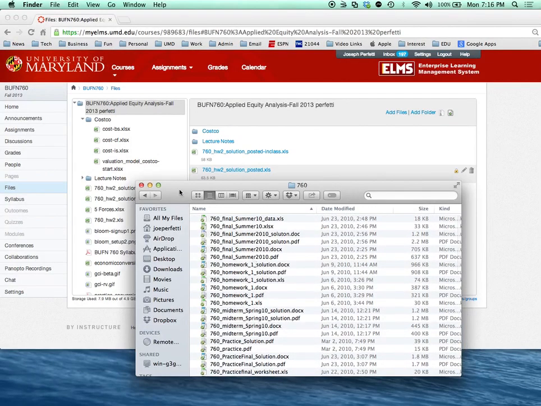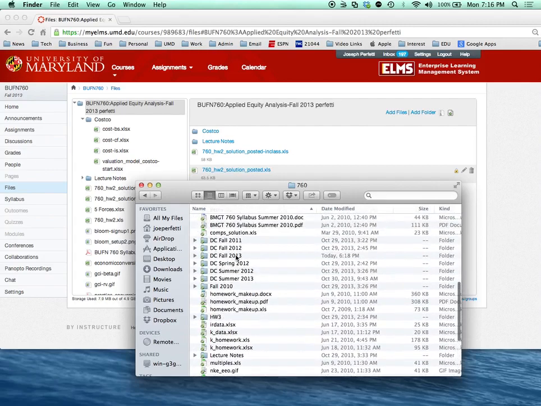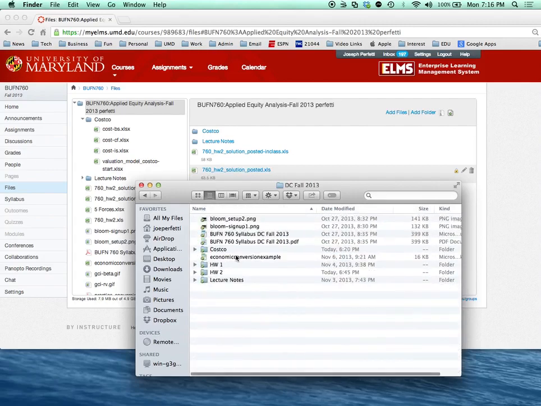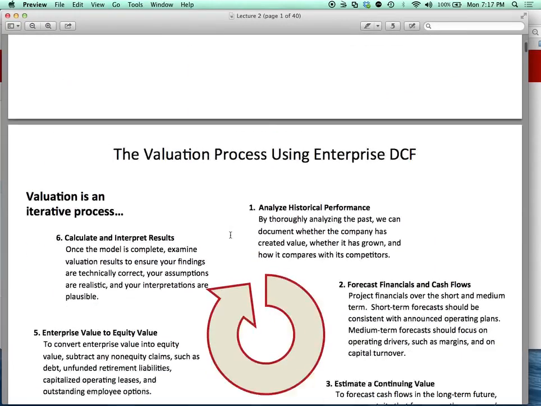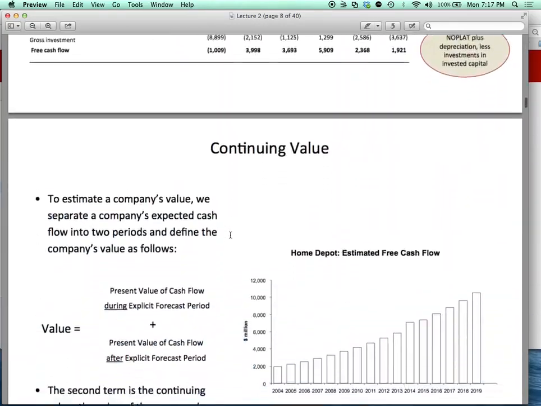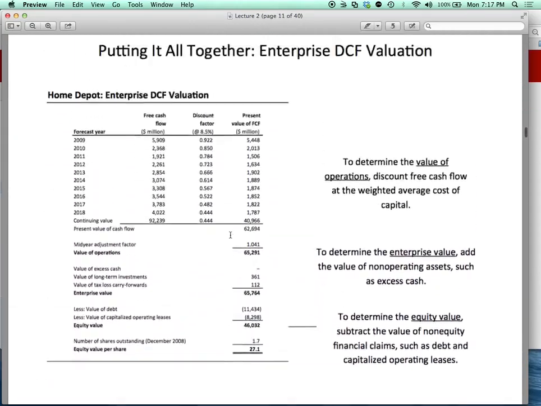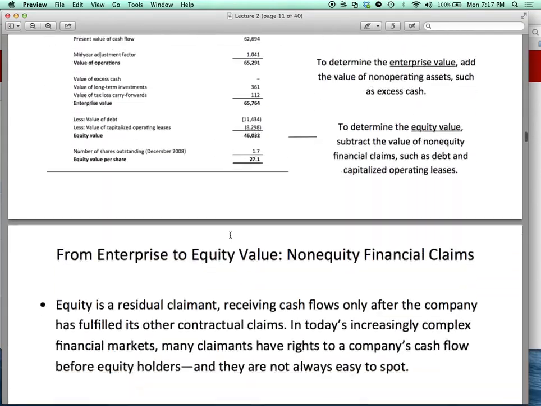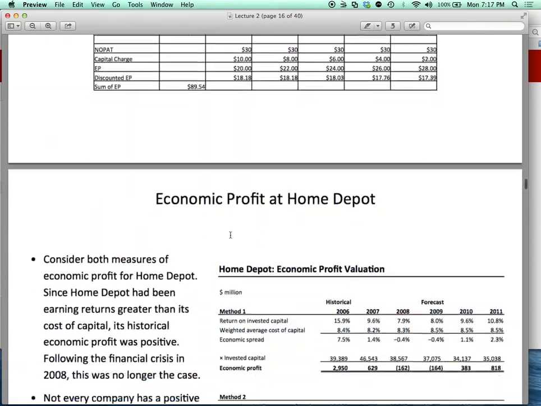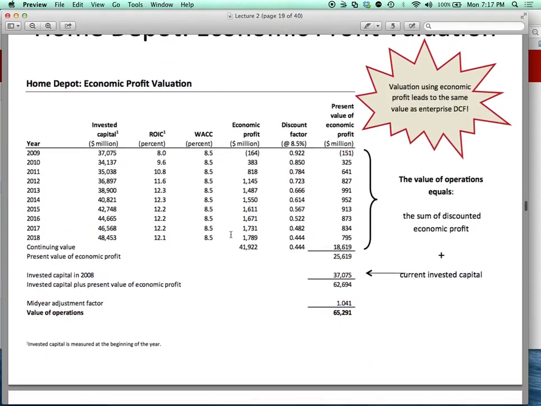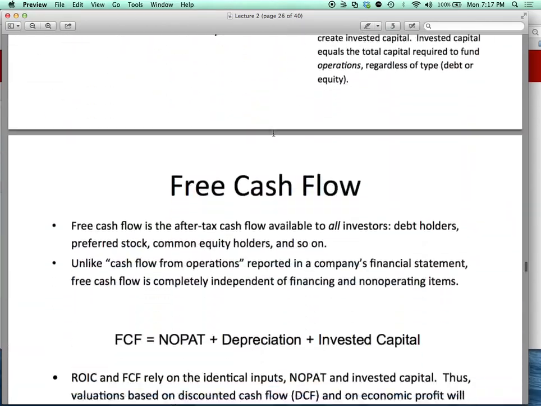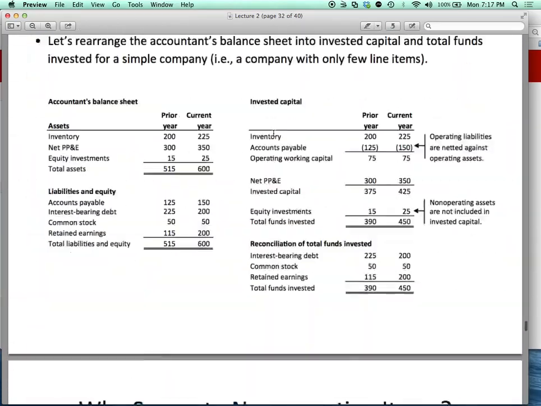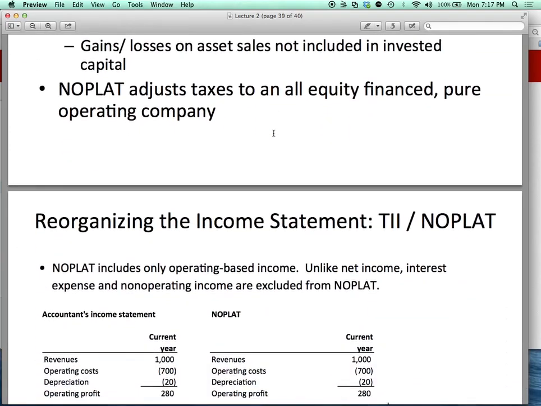So where we left off in our lecture notes last week is we talked about the enterprise DCF, and we talked about the economic profit models, and we talked about APV for a few minutes as well. And then we talked about converting the statements to cash flow, right? That's where we were, right?